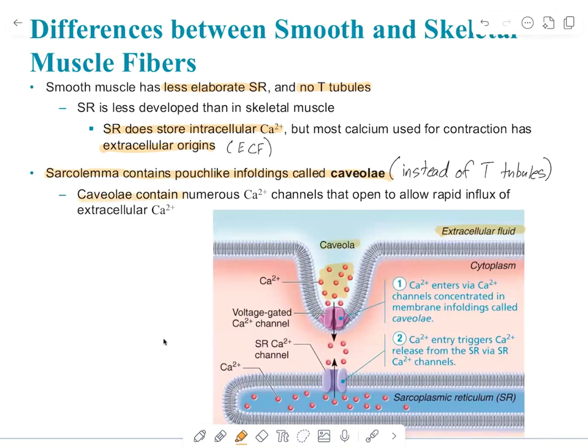They contain numerous calcium channels that open in response to rapid influx of extracellular fluid calcium. So the calcium enters the calcium channels, which have the infoldings called caveoli. Calcium entry triggers calcium release from the sarcoplasmic reticulum then as well. So it still comes from the SR, but in addition, it also comes from the extracellular fluid.